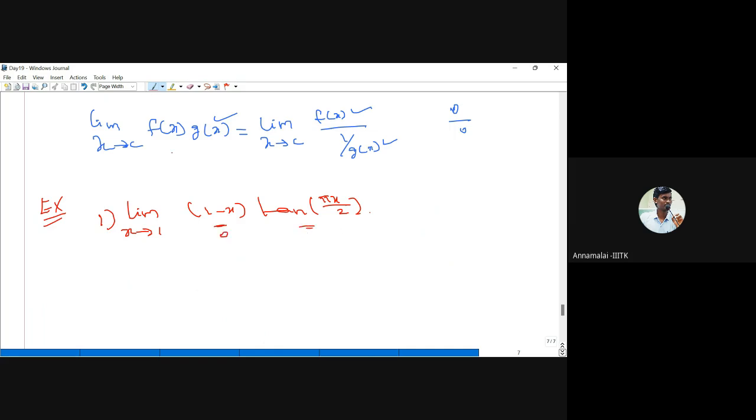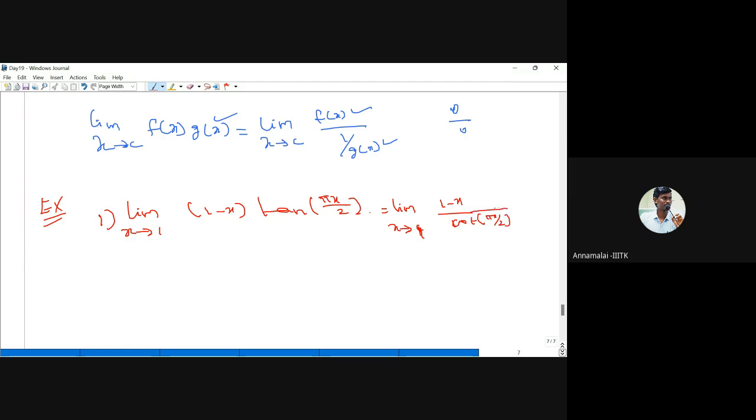Tan pi by 2 is infinity, therefore it is a 0 into infinity form. Therefore we can rewrite this as limit x goes to 1 of (1 minus x) by 1 by tan. 1 by tan is nothing but cot of pi x by 2.